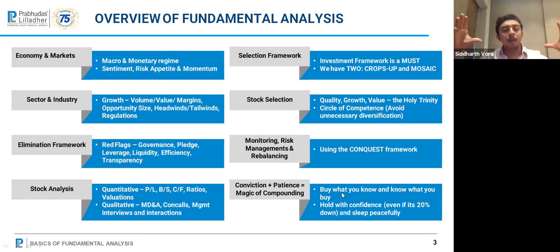Quality is a very, very big aspect, and you will have your management quality, business quality, fundamental financial quality, balance sheet quality. A lot of different things will come under quality. Growth is again simple. How big is the size of the opportunity that the industry is in? What is the trajectory of growth? And what is the longevity of growth?